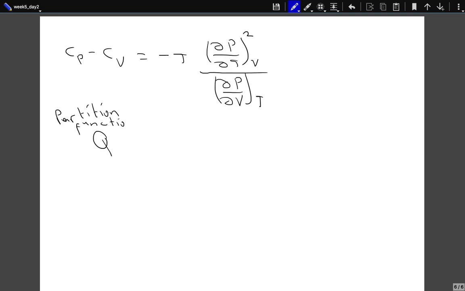The formal definition: the sum over the exponential of minus beta times energy, over all microstates, not the energy.